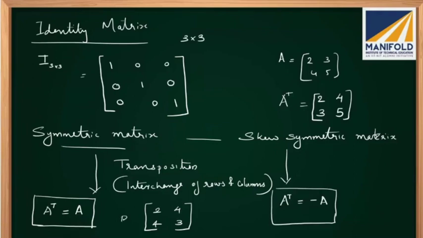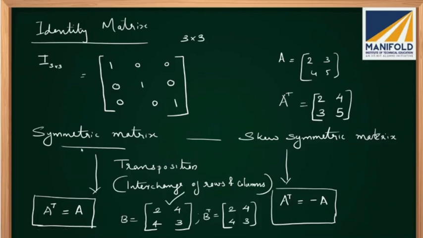Suppose this is a matrix B. What will be the transpose, B transpose? If I take the first column and write it as a row, it will be 2, 4 here. If I take the second column and write it as a row, it will be 4, 3 here. Now you can see both these matrices are the same, which means this belongs to the class of a symmetric matrix.